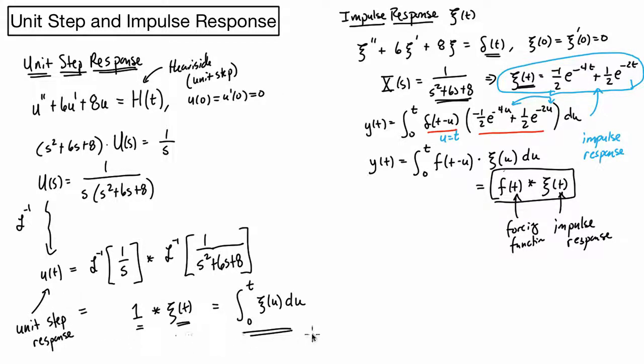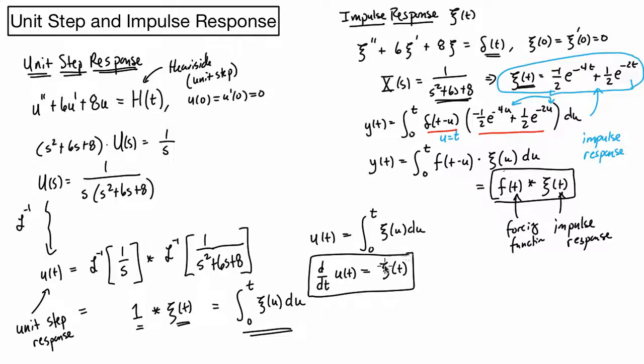So this is the solution. This is the unit step response. It's the integral of the impulse response. More appropriately, they have this relationship. If u of t is equal to the integral from 0 to t of the impulse response, then using the fundamental theorem of calculus, that would suggest that the derivative of the unit step response is the impulse response. And that is the relationship that they have.